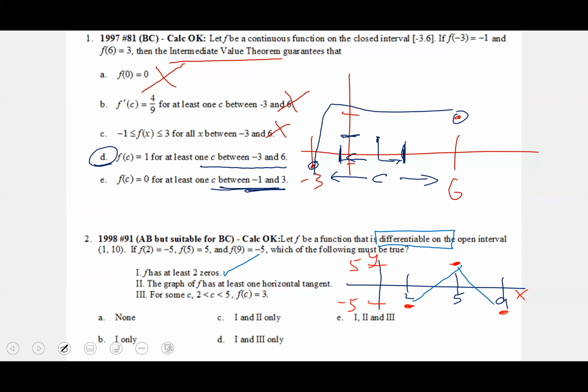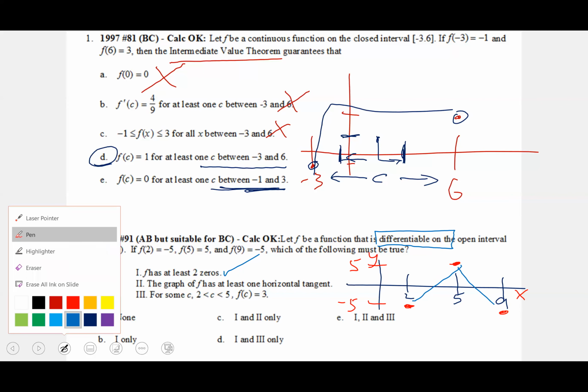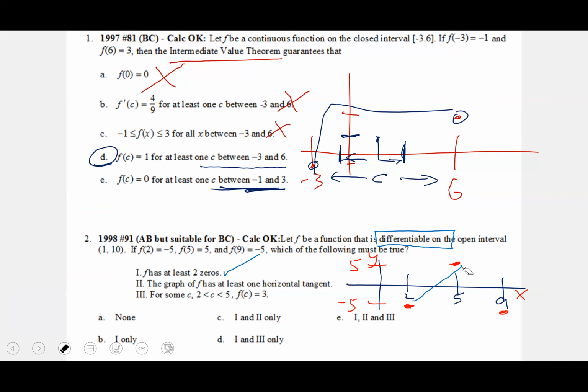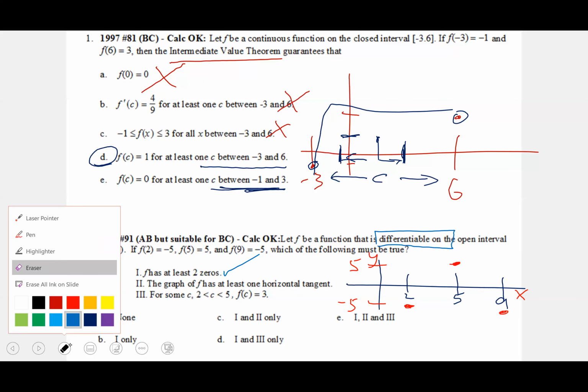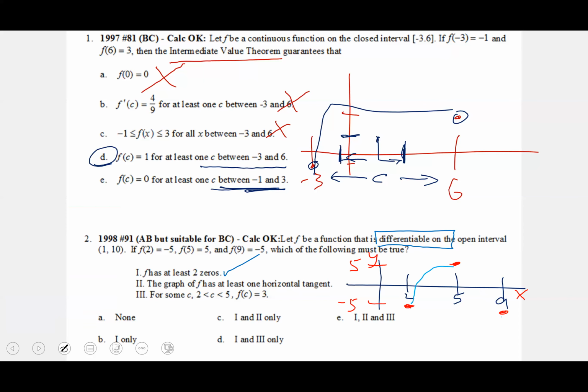But because we're differentiable, the limit from the left of our slope has to be the same as the limit from the right of our slope for every point, which means we have to have a smooth transition where our slope is always the same from the left and the right. So this one's also true.